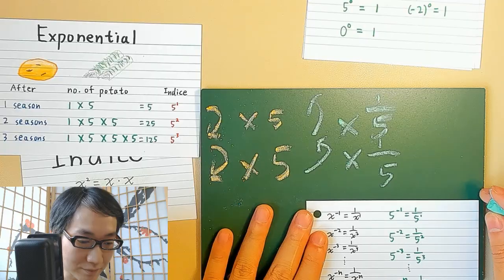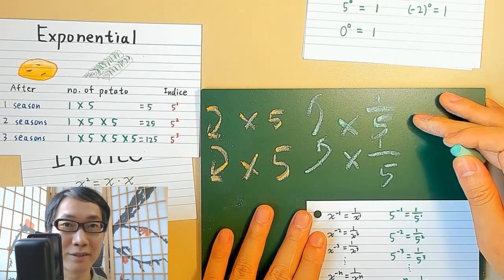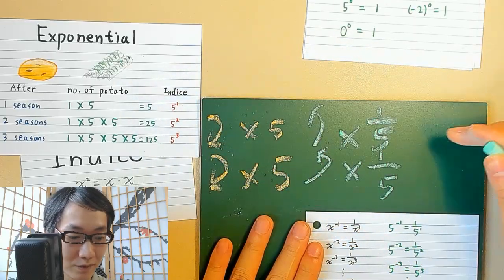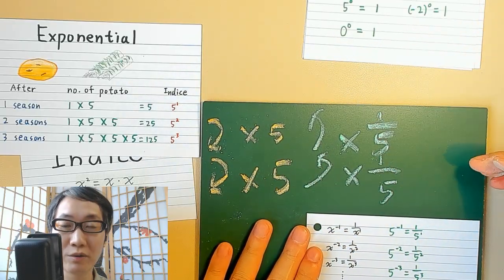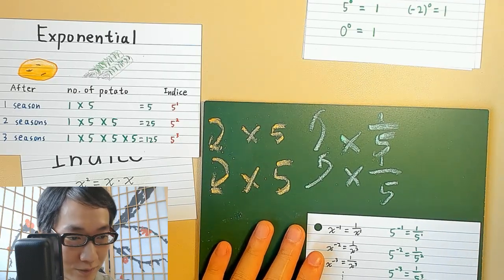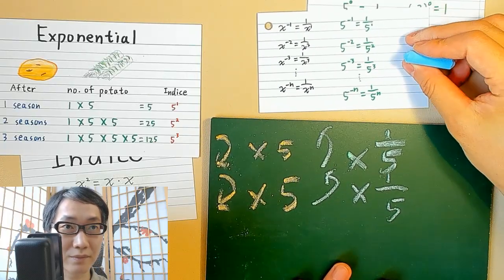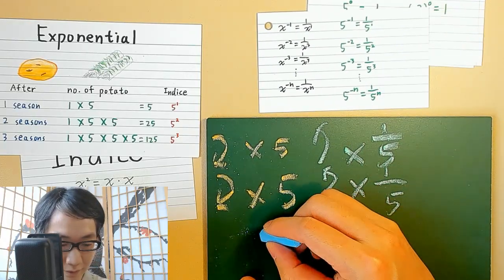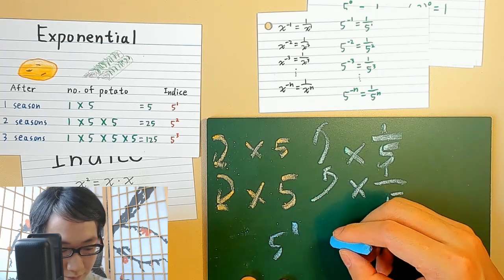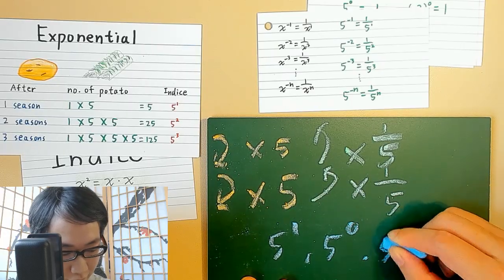Okay, so then we keep going back from 5 to the power of 1 to 5 to the power of 0, which is also multiplied by 1/5, right? So from 5 to the power of 1, and then 5 to the power of 0, and then 5 to the power of -1.